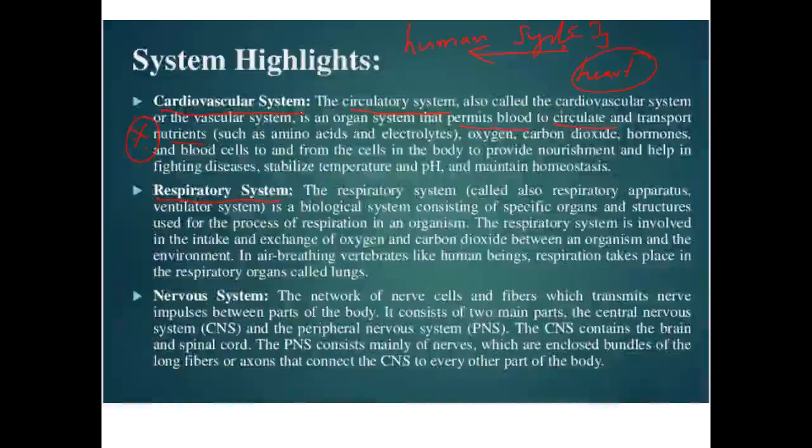Let me rub this first. The very major constituent of the cardiovascular system must be blood first. Blood, then heart, and a heart can be a right sided heart, left sided heart. And then we have blood vessels. What is the purpose of a blood vessel?